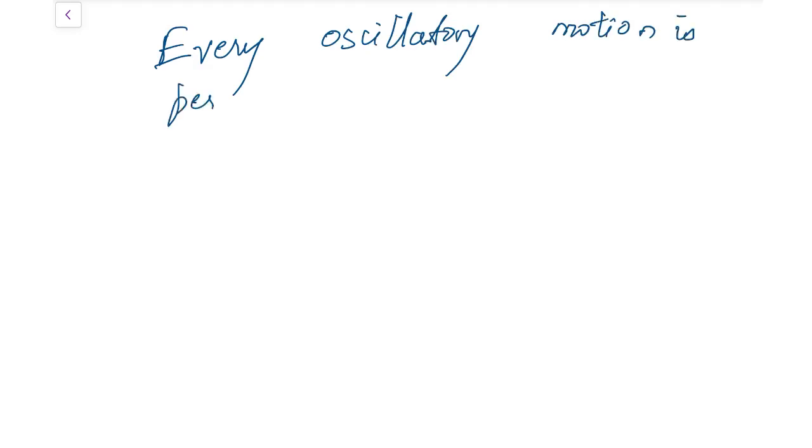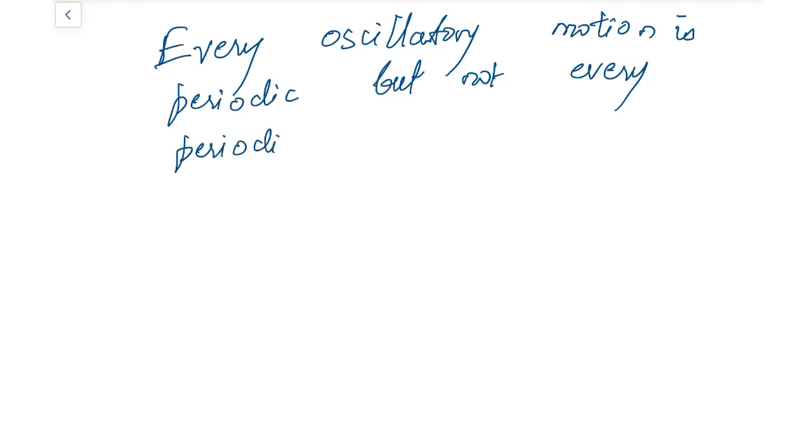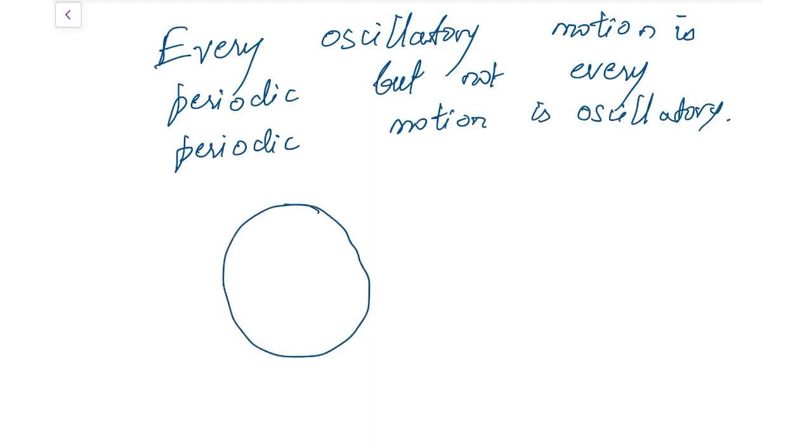Every oscillatory motion is periodic but not every periodic motion is oscillatory. For example, if a particle is moving in a circle, sure, it is periodic, it is repeating itself after regular intervals of time, but is it oscillatory? The answer is no, because it's not oscillating about any point as such.